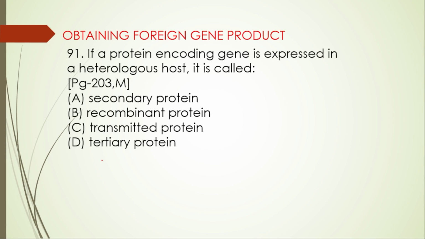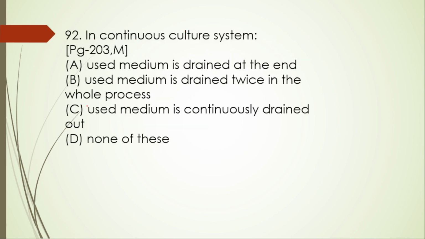Next, 91. If a protein encoding gene is expressed in a heterologous host, it is called secondary protein, recombinant protein, transmitted protein, tertiary protein. It is called what? Recombinant protein. 92.